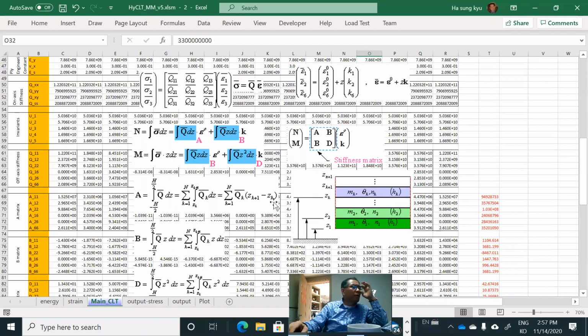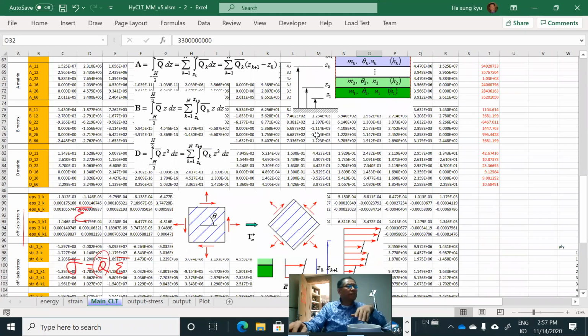Let's decide where the proper positions will be.